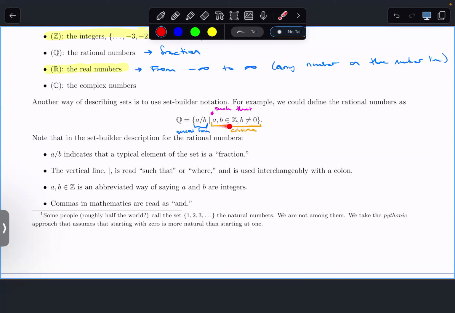I'm wondering, should I write out what this says in words? Should we do that? Let's do it.